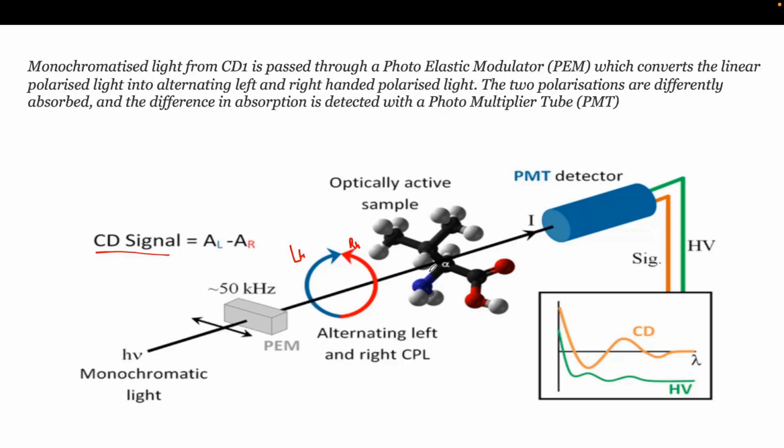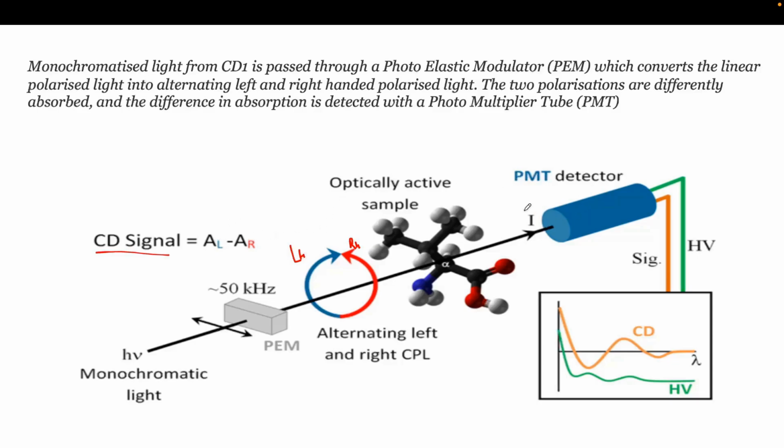Because you are giving 50% of each type of light, and according to the substance's preference it will absorb either right-handed or left-handed polarized light, transmission happens accordingly, and whatever difference results is identified as the CD signal.